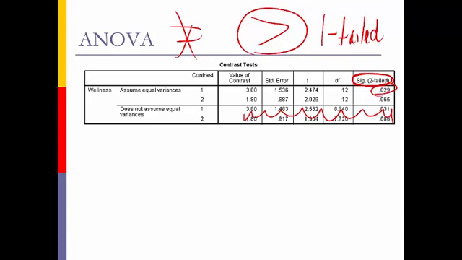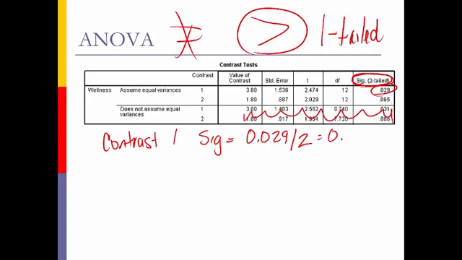So because our contrast was actually one-tailed, for contrast 1, our significance value is actually 0.029 divided by 2, right? Because it was a one-tailed test. So our significance is actually 0.0145.